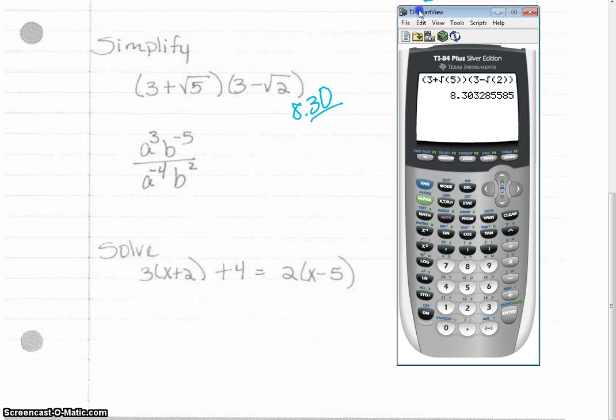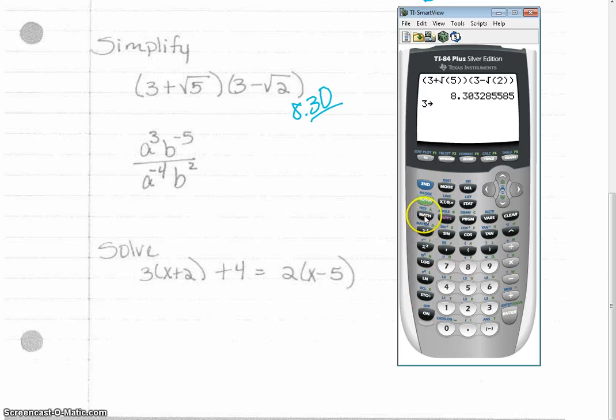Remember, when you're doing something like this next problem, you got to have a number stored. So I'm going to store for alpha A, and then I'm going to store and do 5, store alpha B. So then I'm going to do open parentheses and do my top part, alpha A, rooftop 3, alpha B, rooftop -5, close parentheses, divided by, for the bottom, I'm going to say open, alpha A, rooftop -4, not 1, 4.